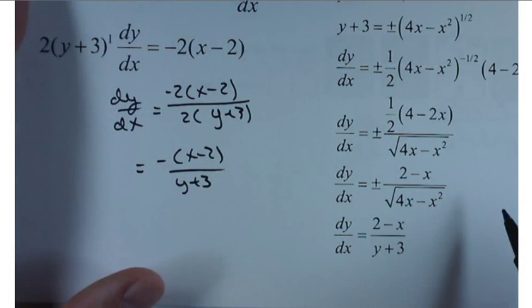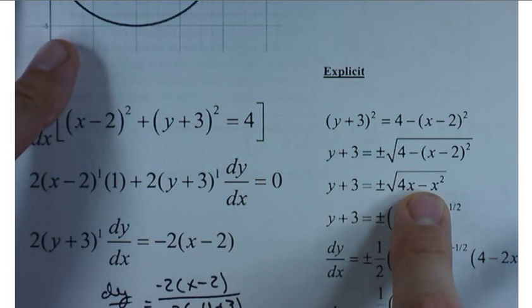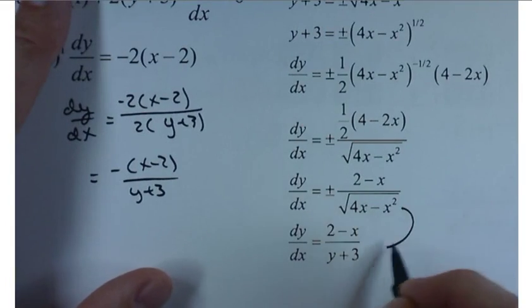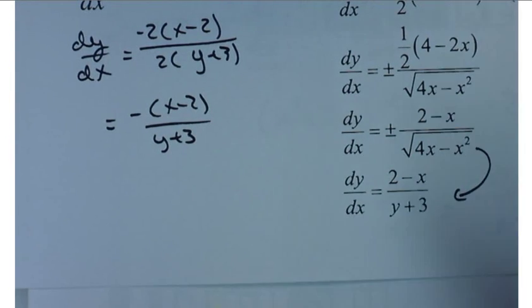But if you take a look back up here, y plus 3 is equal to plus or minus the square root. If I replace this, then I get an equivalent expression. The difference is when I find the slope of the tangent line, here I need to know the value of y and the value of x. Here I just need to know the value of x. One's explicit, one's implicit. And that's the big difference in these types of differentiations.